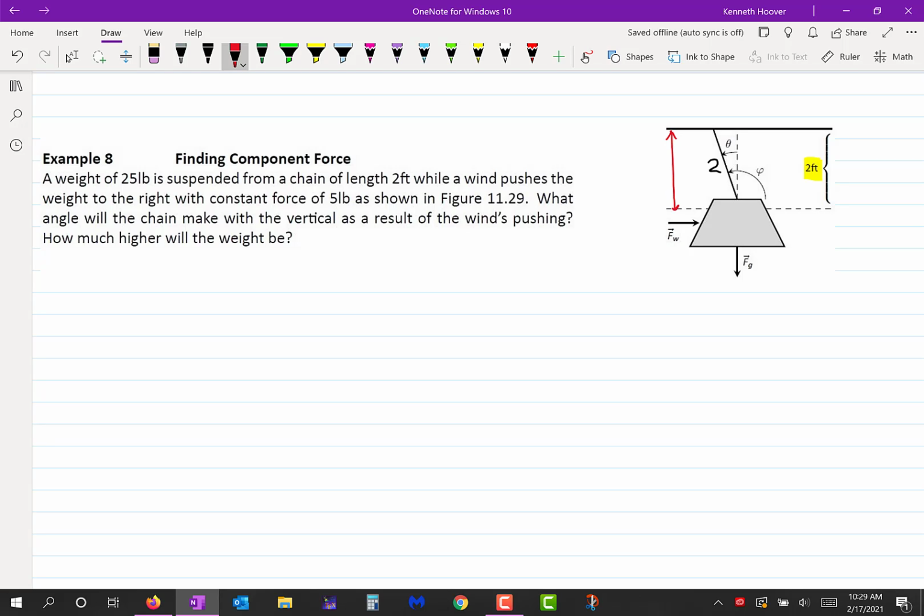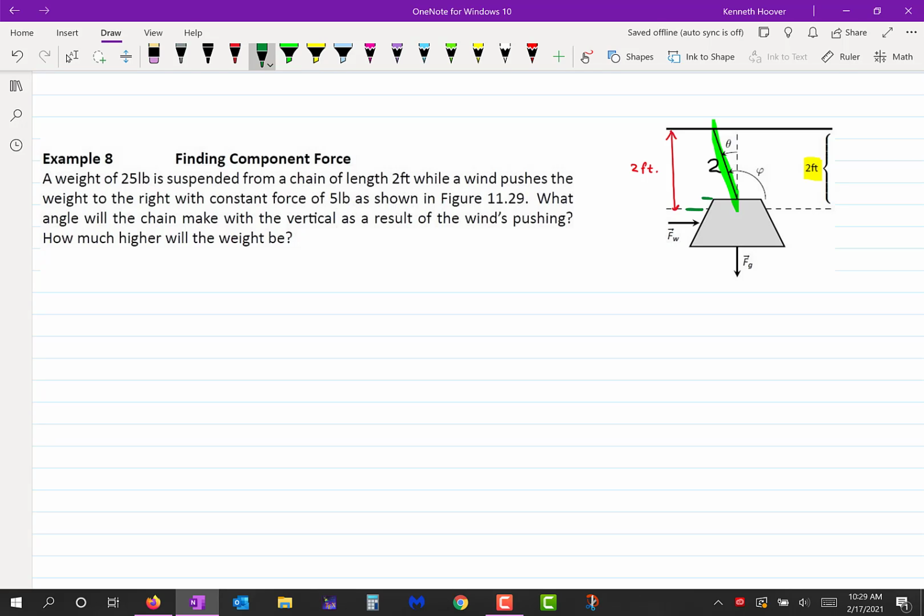That's 2 feet. If the wind was not blowing, then this chain right here would be straight up and down, and the top of the weight would be right here. Which means that that chain is 2 feet long.